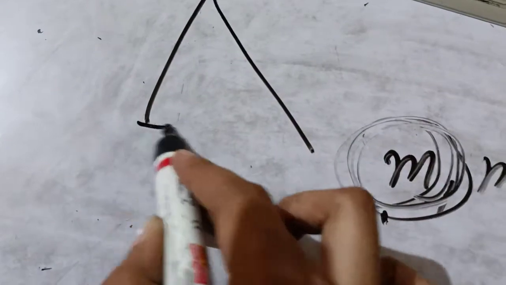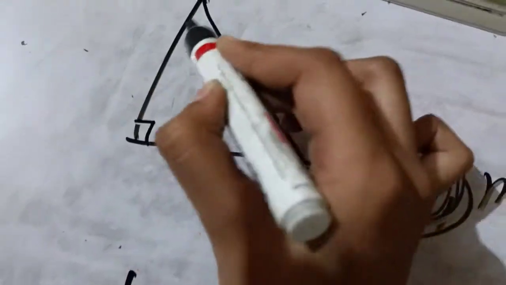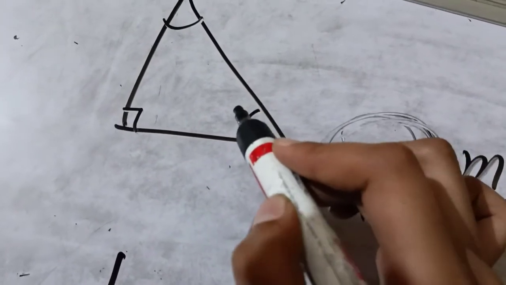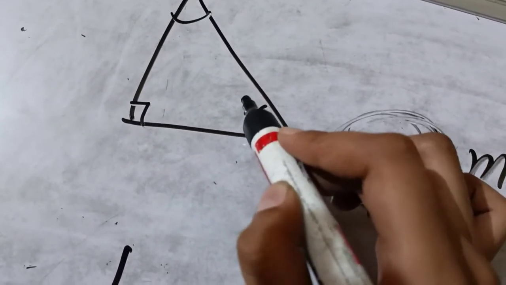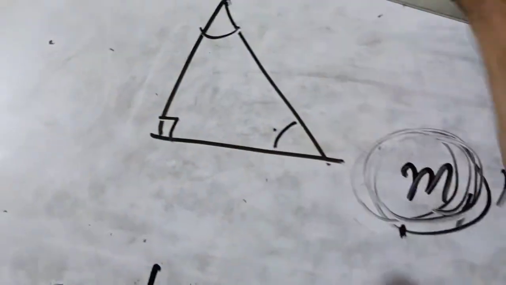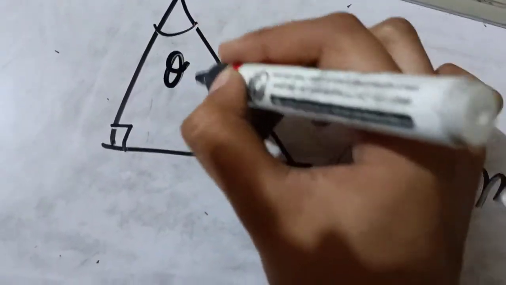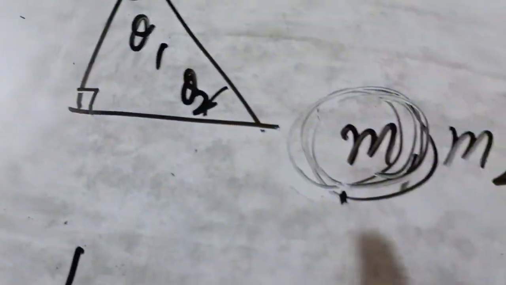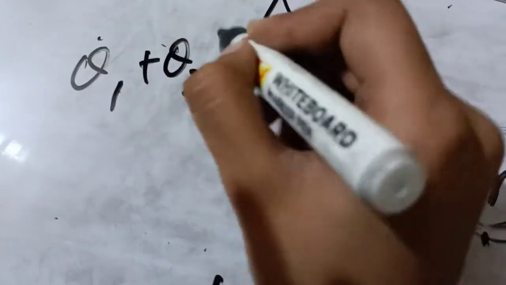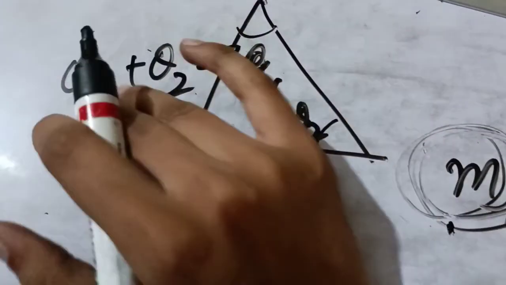If you want a right angle triangle, then in this triangle these two angles sum to 90, and if one angle is larger than 90 degrees, then they cannot sum to 90. Let's suppose this is theta 1 and this is theta 2. If you add them, you get 90 degrees in a right angle triangle.